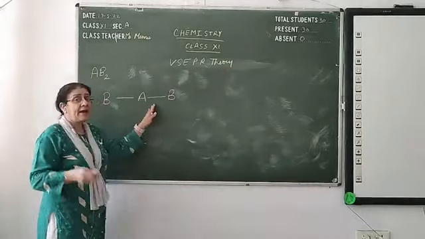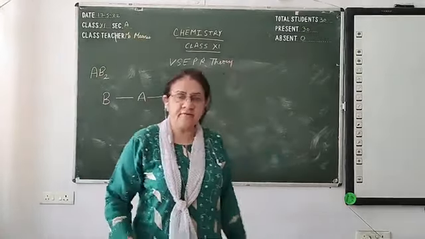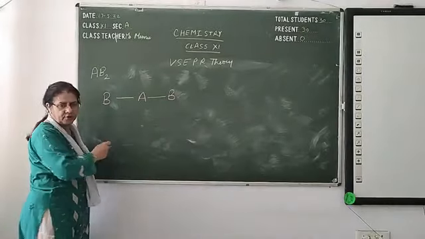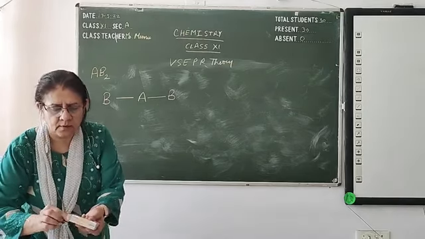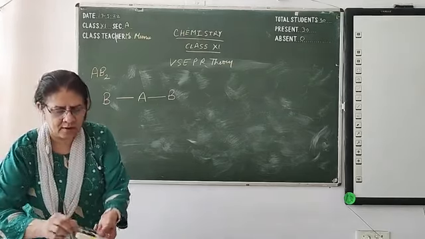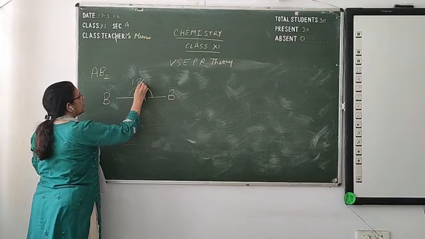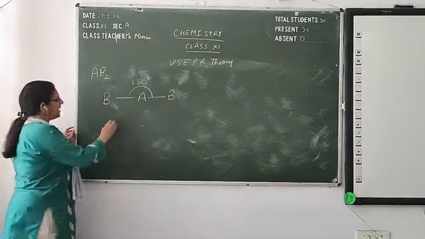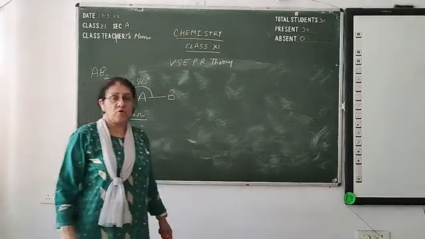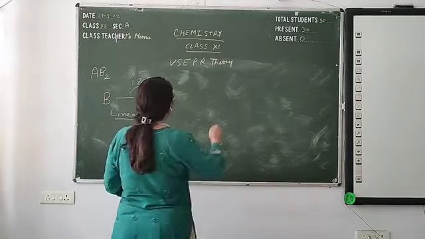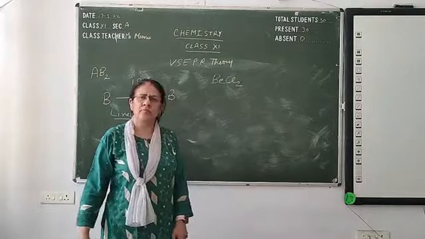Hence they will be at what angle? Can you tell? Yes, correct. They will be at an angle of 180 degree. This angle is going to be 180 degree, and this shape will be linear. What is the example for this? The example for this is BeCl2, beryllium chloride.